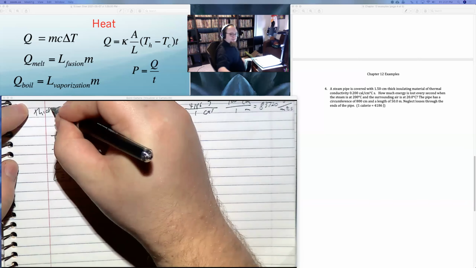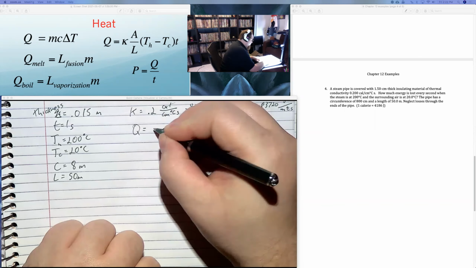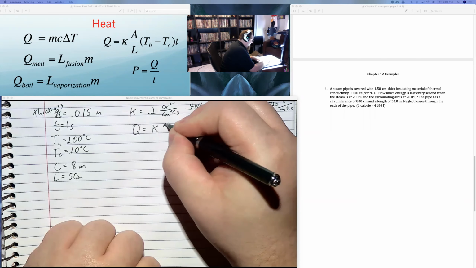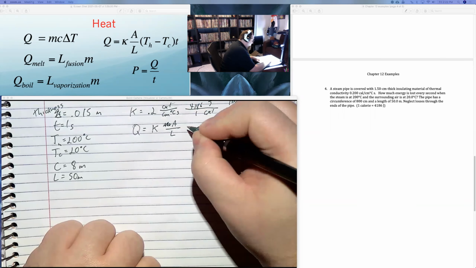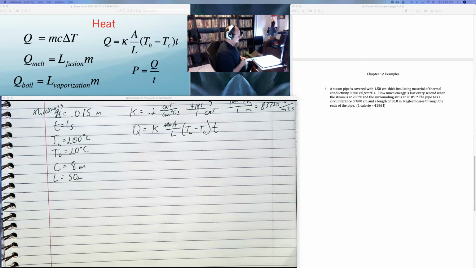Let's think about this. I'm talking about heat from two things touching. When we have heat of two things touching, that's the equation Q equals kappa A over L, T hot minus T cold, times time. In that equation, A is the area that is touching.